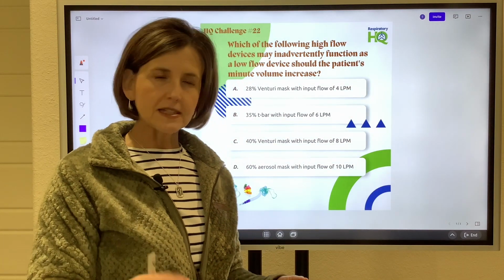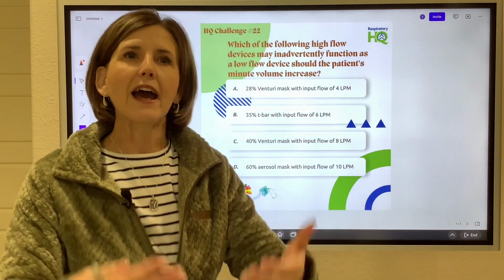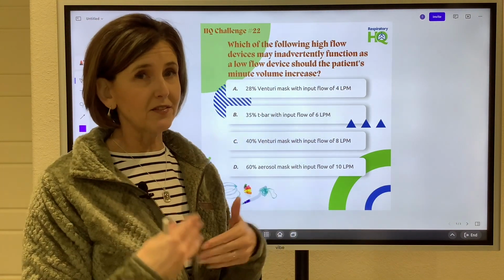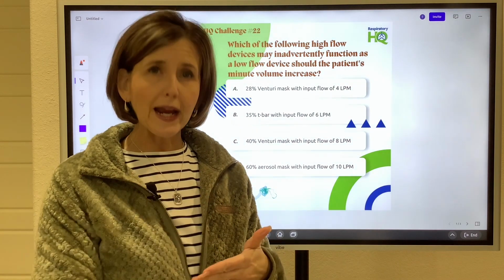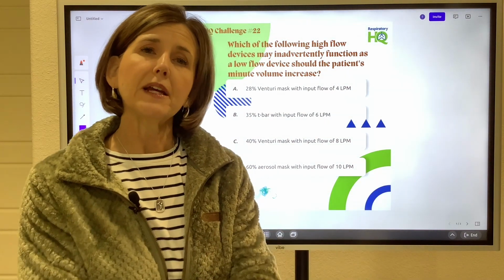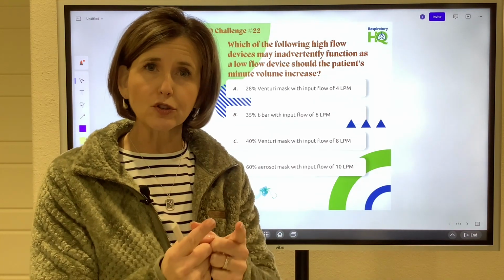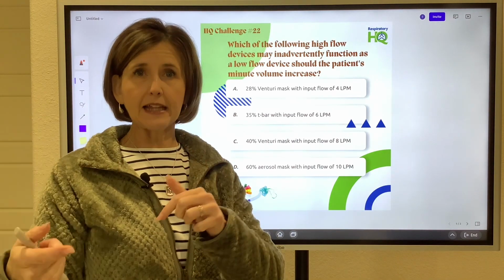What that means is the total flow from the device, meaning how fast the oxygen is coming up out of the device, has to be greater than the patient's inspiratory flow. So basically, the speed at which the oxygen is coming up out of the device has to be faster than what the patient is inhaling, okay?